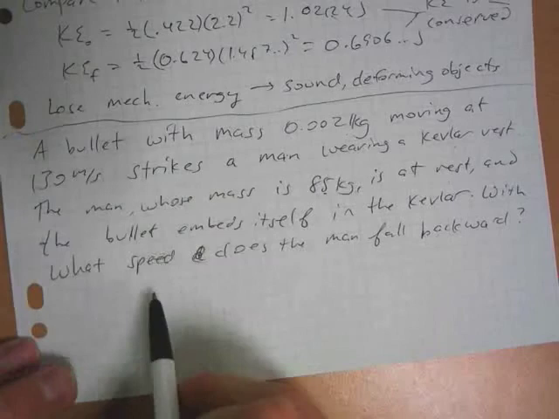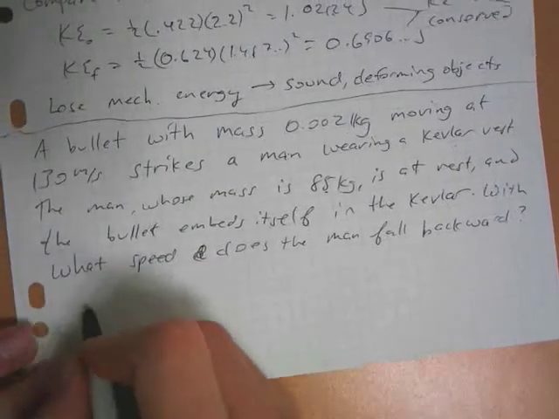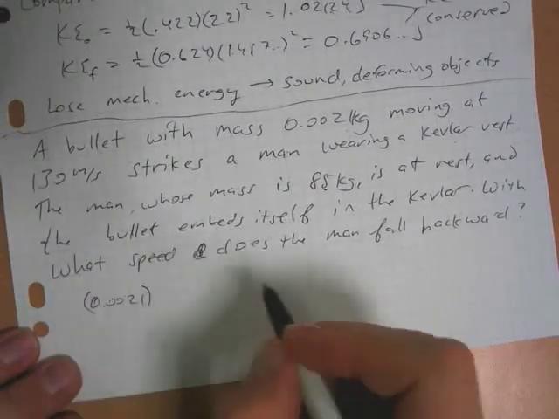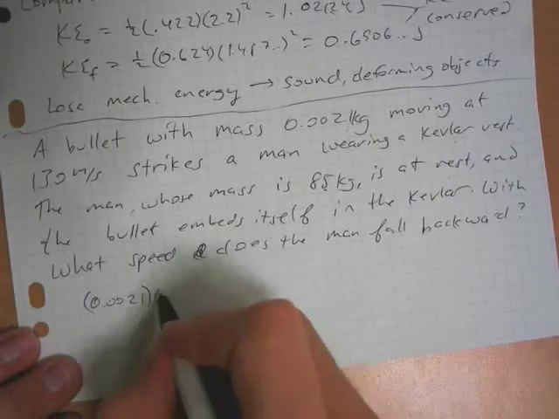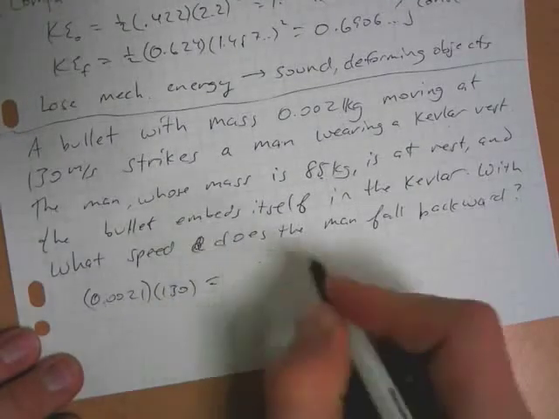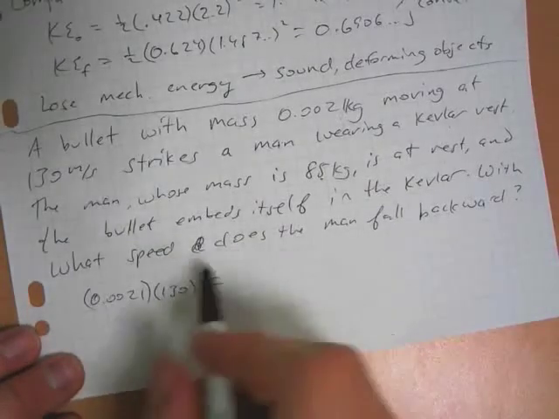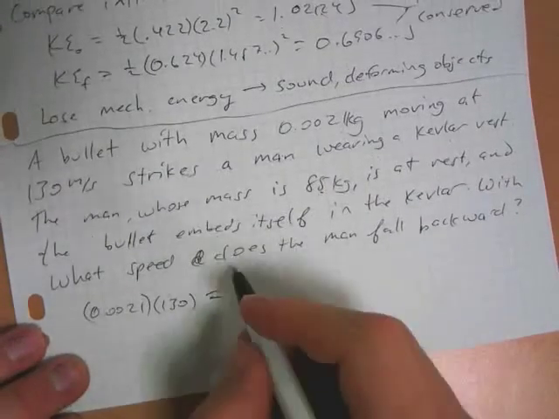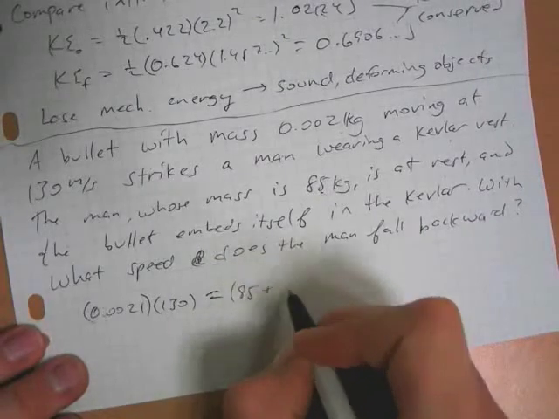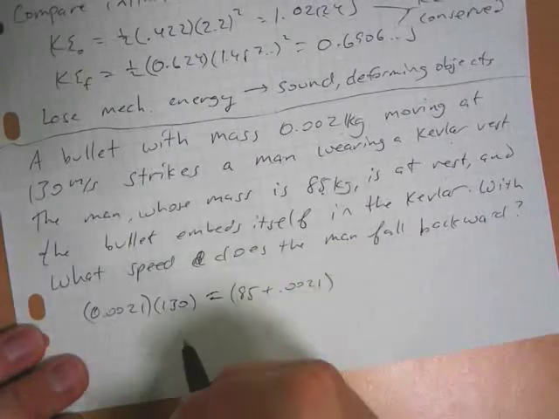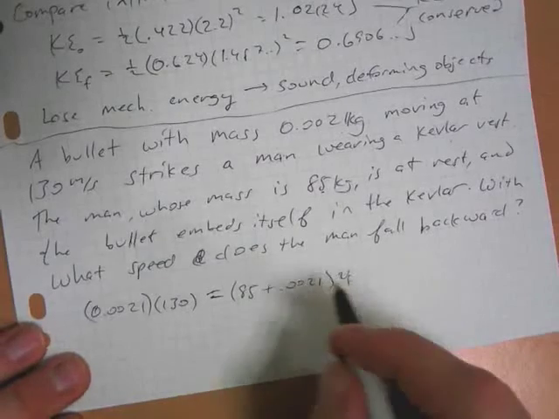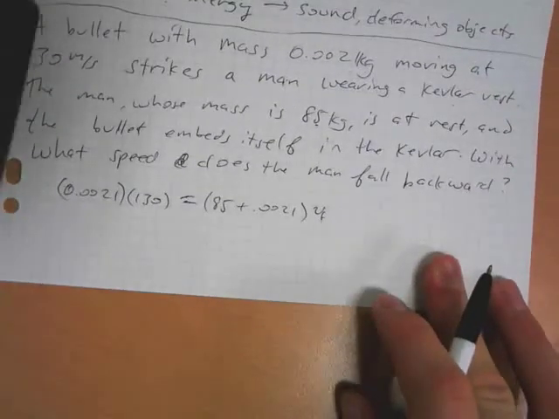So our initial momentum is just the momentum of the bullet, 0.0021 times the speed of the bullet, 130. The man's initially at rest, so he has no initial momentum. After the collision, the bullet embeds itself in the Kevlar, so the man and the bullet are moving together at some velocity. Now this 0.0021 isn't going to make a big difference if you didn't add it, but in theory it is part of the mass that is now moving.